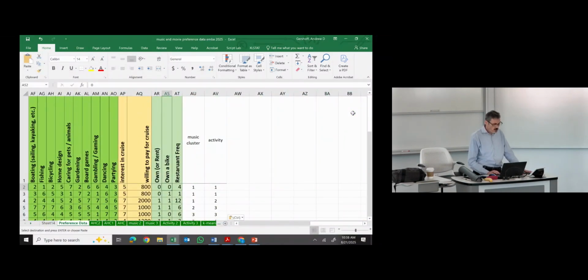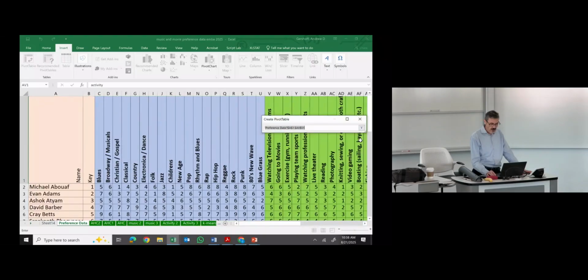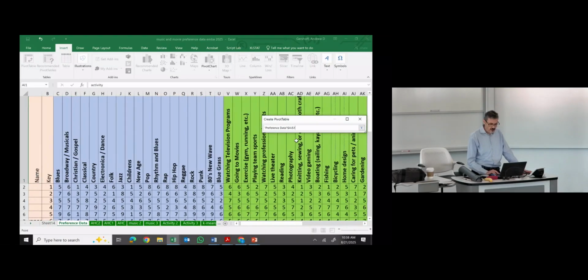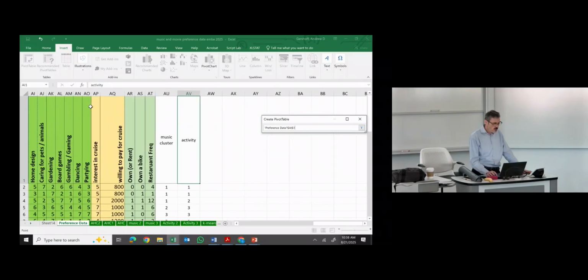Right, because I might know something about what my costs are associated with creating cruises. So I'm going to put in a pivot table here. And this pivot table, let's go up here. I'm going to grab interest in going on a cruise all the way to activity.